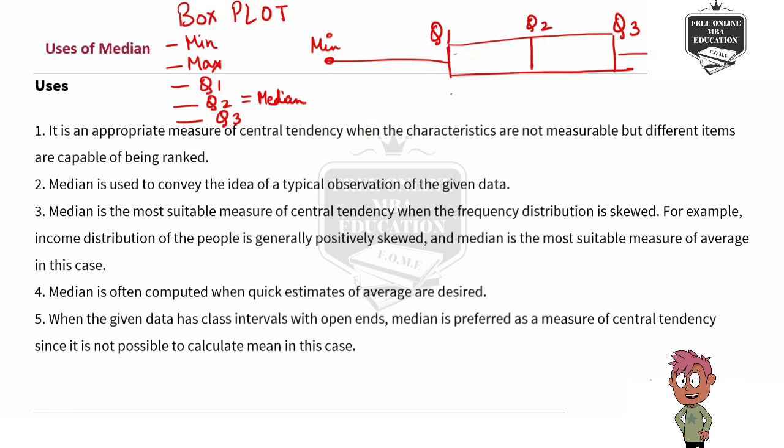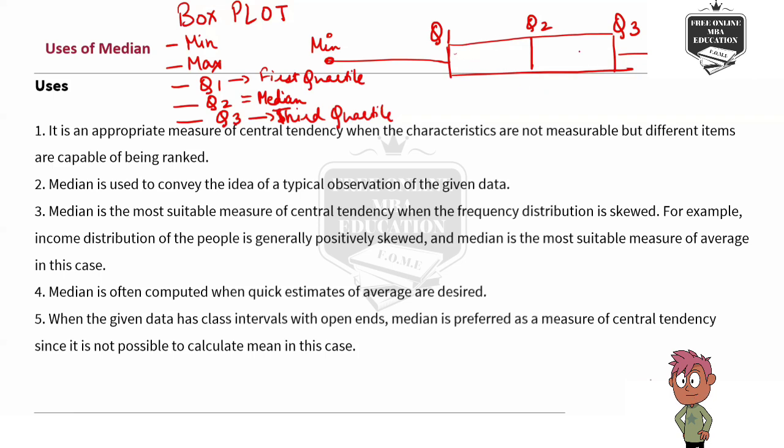Now, Q1 is known as the first quartile. Q3 is known as the third quartile. And median is known as the second quartile.